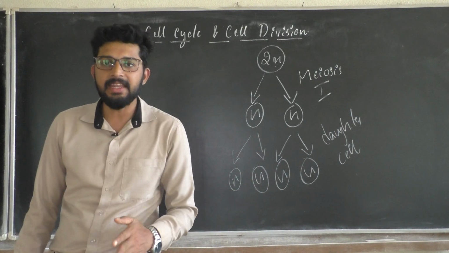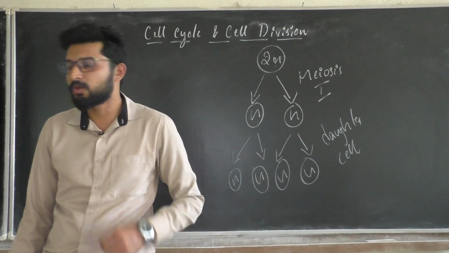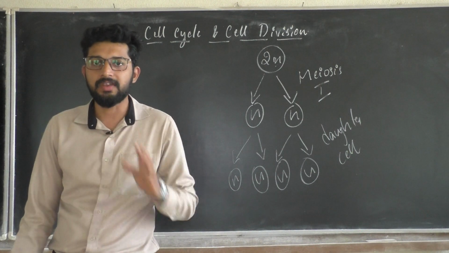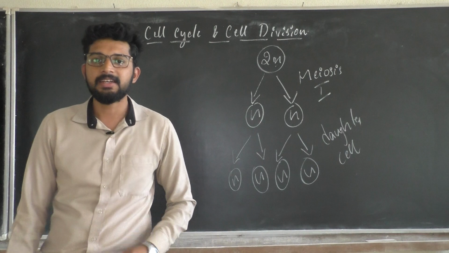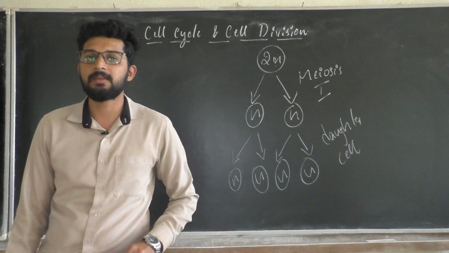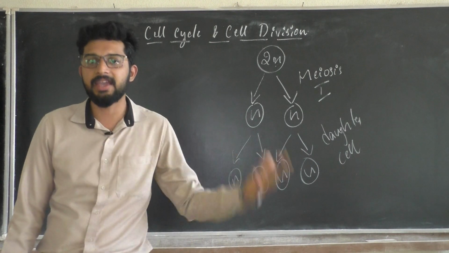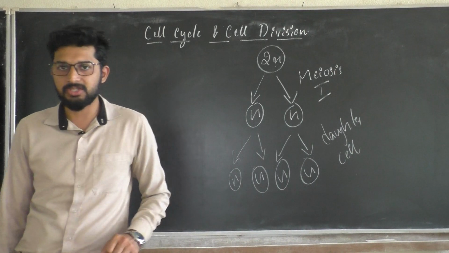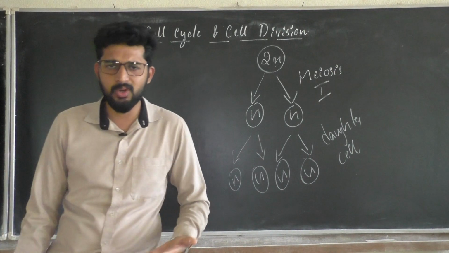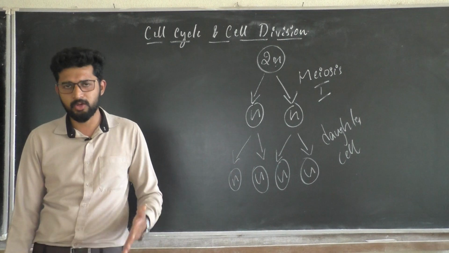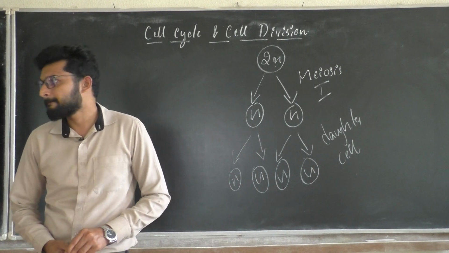In meiosis 1 we have 4 stages: prophase 1, metaphase 1, anaphase 1, telophase 1. In prophase 1 we witness 5 more stages: leptotene, zygotene, pachytene, diplotene, as well as diakinesis.